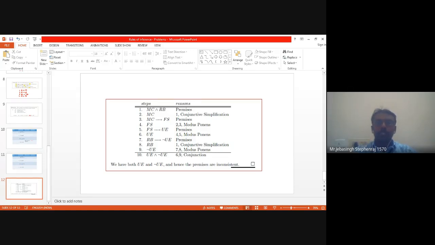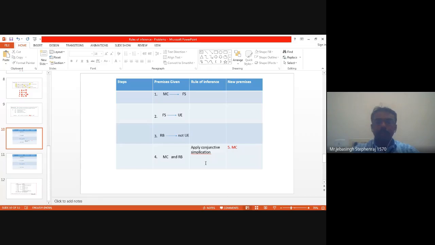So I am taking conjunctive simplification. Misses classes and reads books, so this is P and Q. From this P and Q, I am simply taking P alone. That is conjunctive simplification. Next, this is my step one.